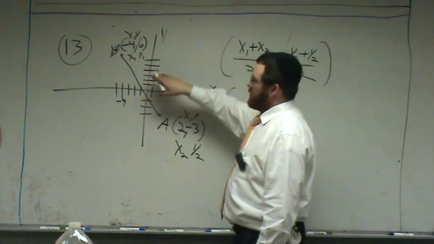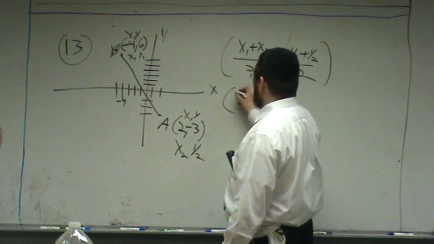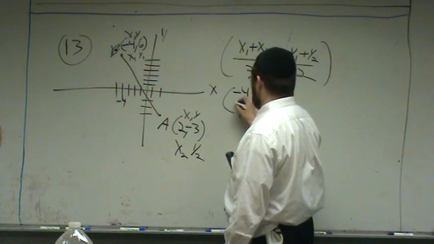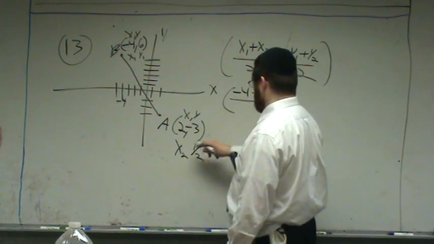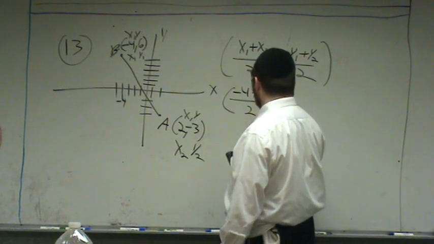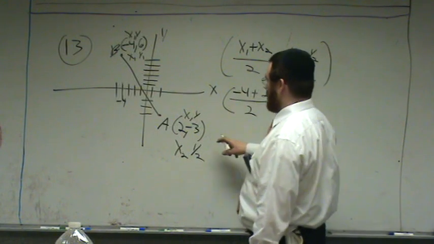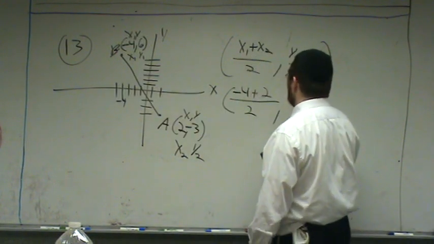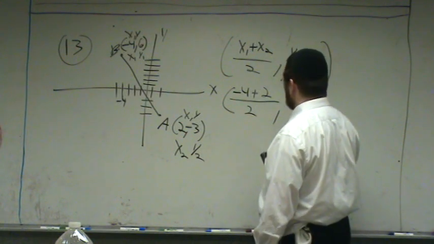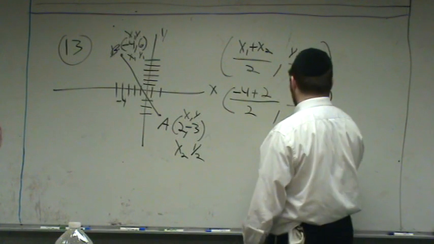So what I did is, I made point B x1, y1, so negative 4, and x2 is 2, so it's negative 4 plus 2 over 2, comma, and for the y's, y1 is 6 plus a negative 3 over 2.